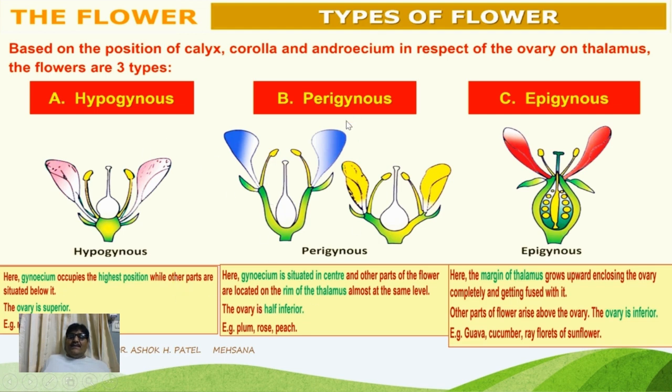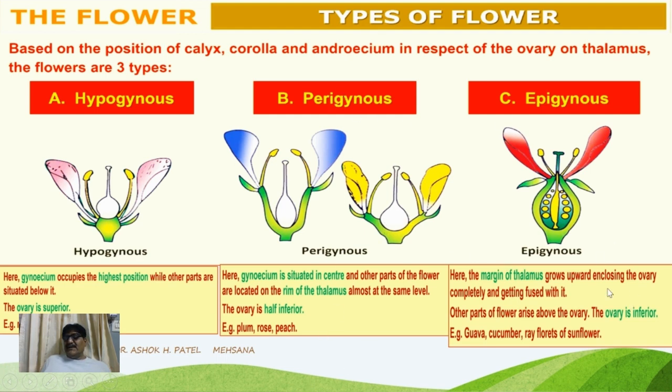Then the perigynous. In the perigynous, the gynoecium is situated downwards, right? And the other parts, the calyx, corolla, and androecium, are situated in the superior position, and the ovary is situated in an inferior position. And sometimes those are situated in a surrounding position. It is called the perigynous.